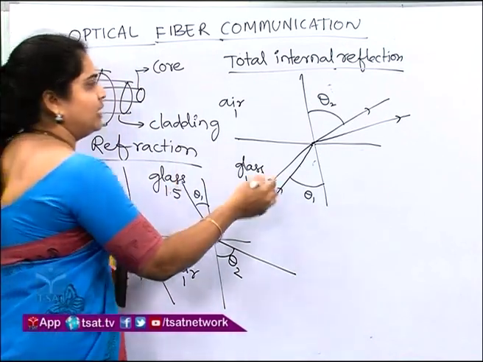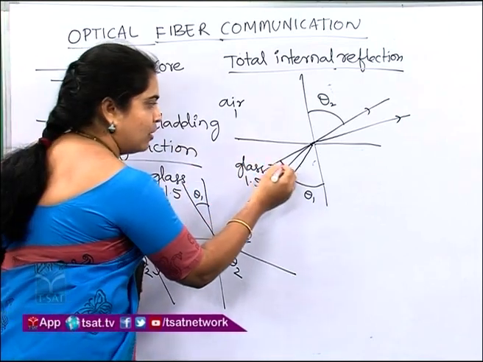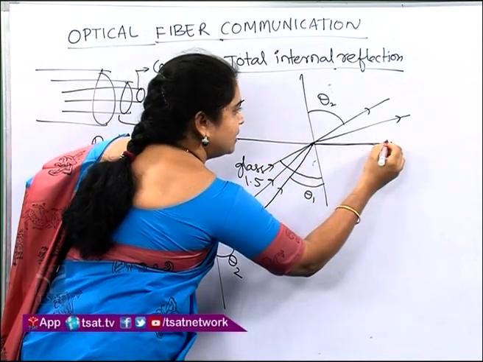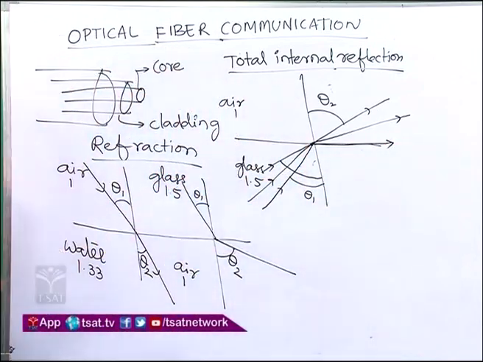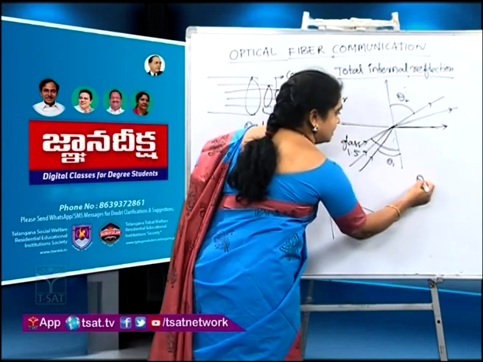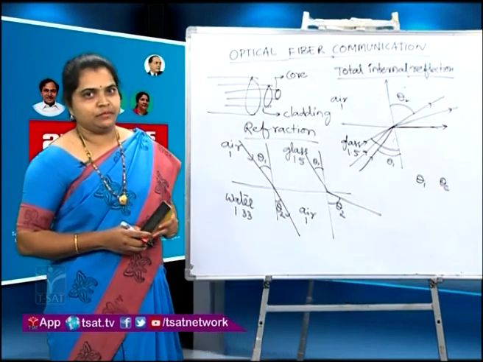If you keep on increasing, what happens? For a particular angle of incidence, the refracted ray lies on the boundary. This particular angle of incidence is called the critical angle, theta c.